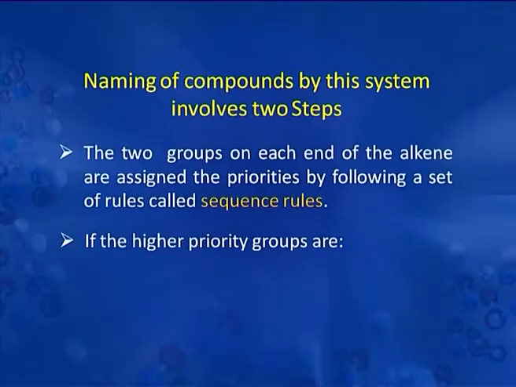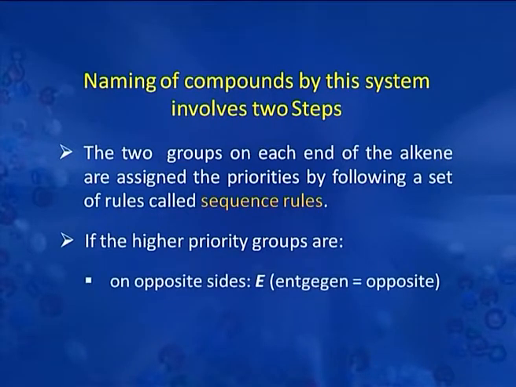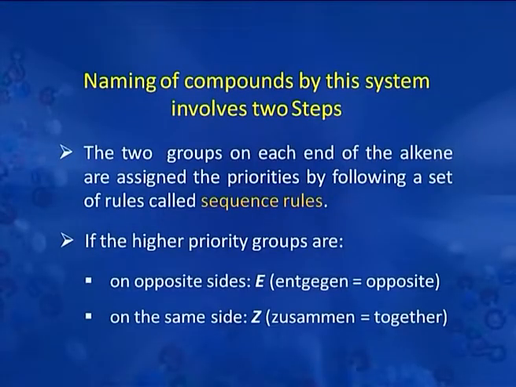And then the second step is that we see the groups of higher priorities. If the groups getting the same priorities are on the opposite side, then that isomer is assigned the E configuration, and if the groups getting the same priorities are on the same side, then this isomer is assigned the Z configuration.